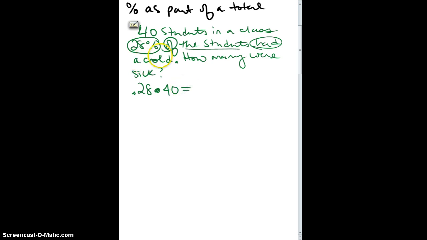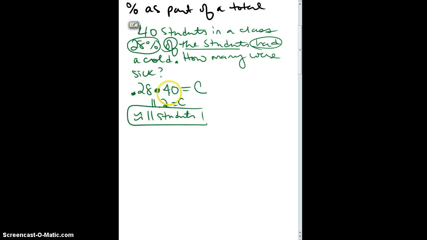Well, how many of them had a cold? I have no idea. But if I take 28% of that, it's going to tell me. All right, so I'm just going to take my calculator, and I'm going to type that in, and I get about 11.2. So I would say about 11 students. That would fit that requirement.